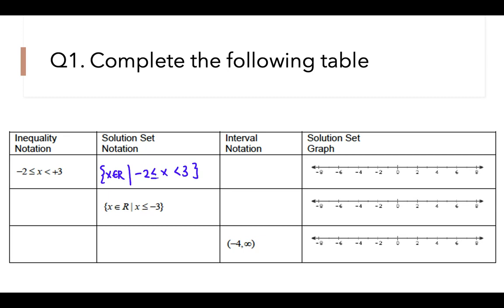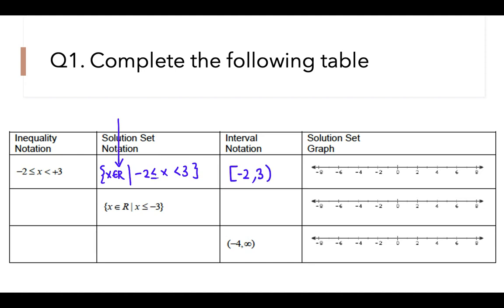It's exactly the same thing, but for set notation you have to include that x is any real number. Now for interval notation, it's including -2, and excluding 3.